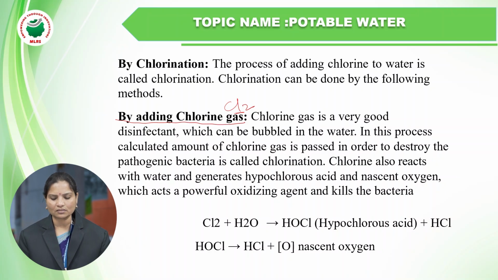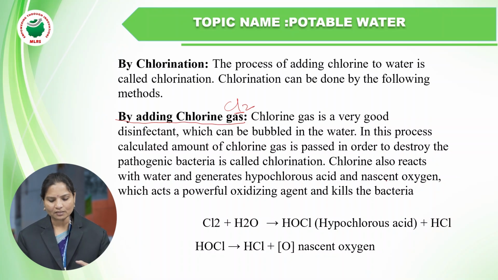In this process, chlorine is passed through the water to destroy harmful pathogenic bacteria, and algae and other microorganisms can be eliminated or destroyed by our chlorination process.